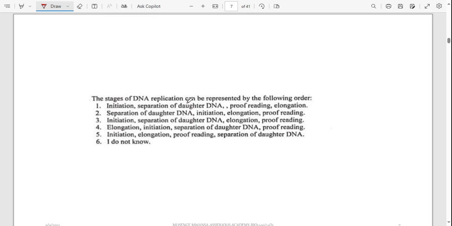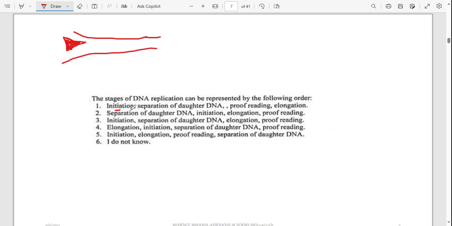Stages of DNA replication can be represented by the following order: initiation, separation of DNA strands. So when you have got the two strands, helicase is going to come and start separating these two strands, but that is after initiation has already happened, because initiation is actually the attachment of the initiation factor to the point where replication is going to start, which we call the origin of replication.